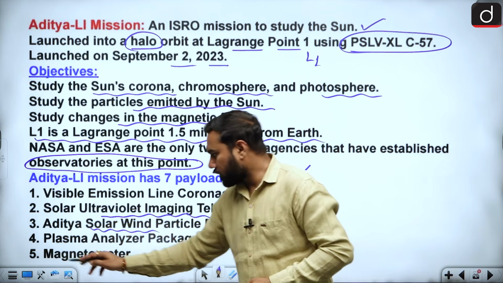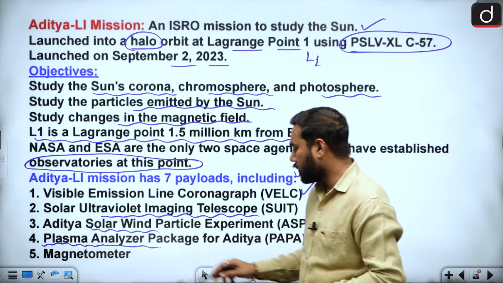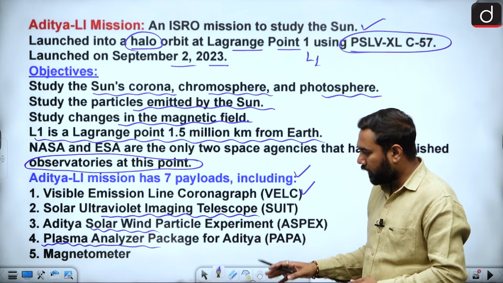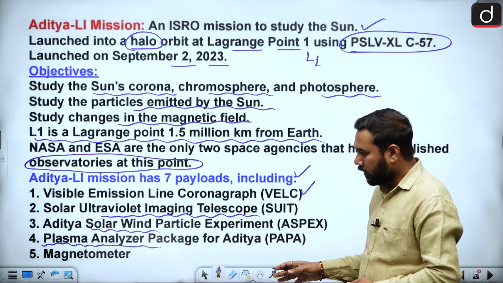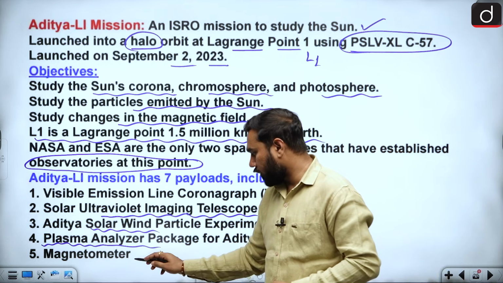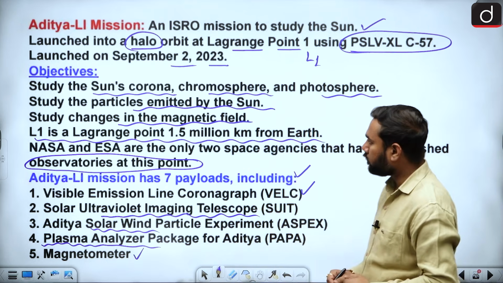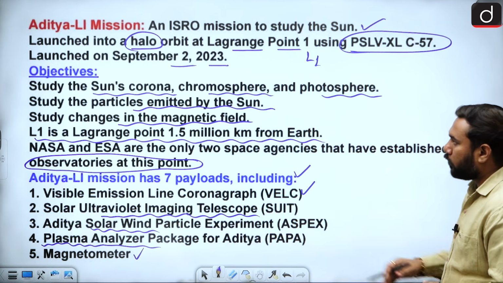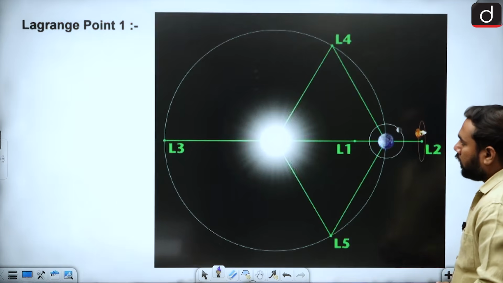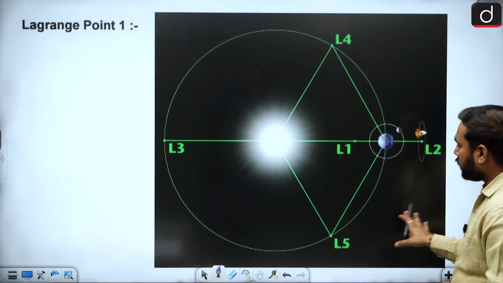There is also the analysis of plasma, because the sun has plasma. So there is the Plasma Analyser Package for Aditya, and there is a magnetometer which can study the magnetic field produced by the sun. So these are the things related to your Aditya L1.